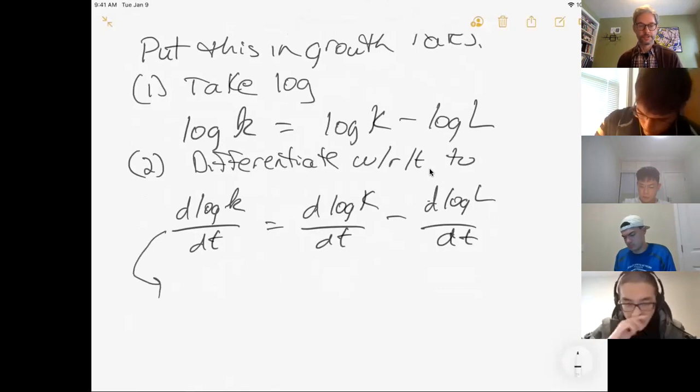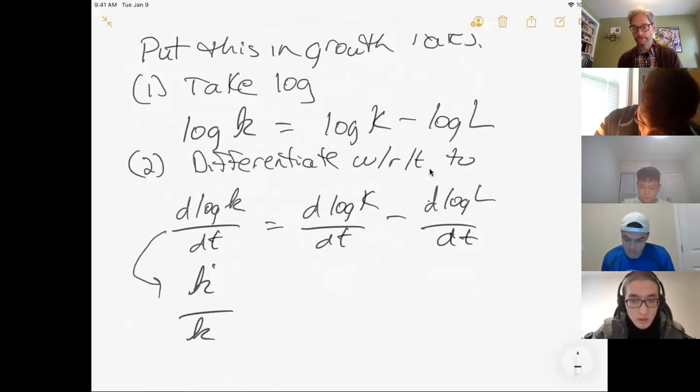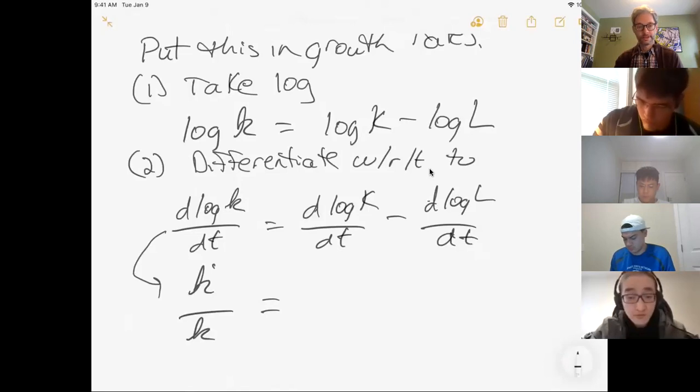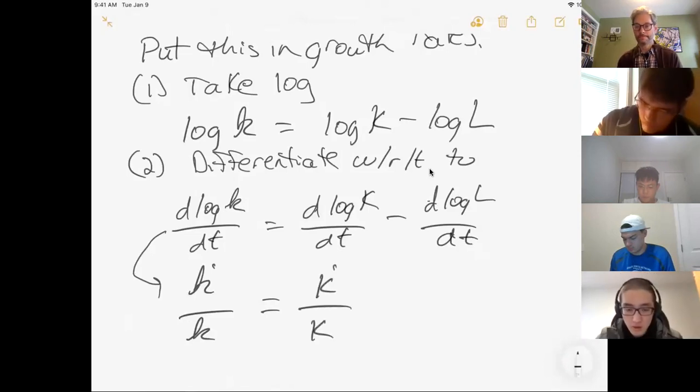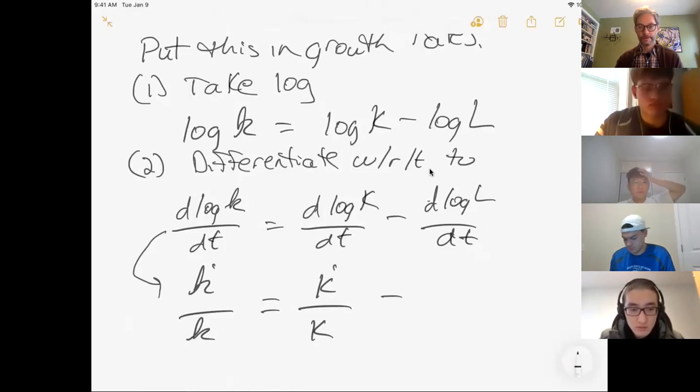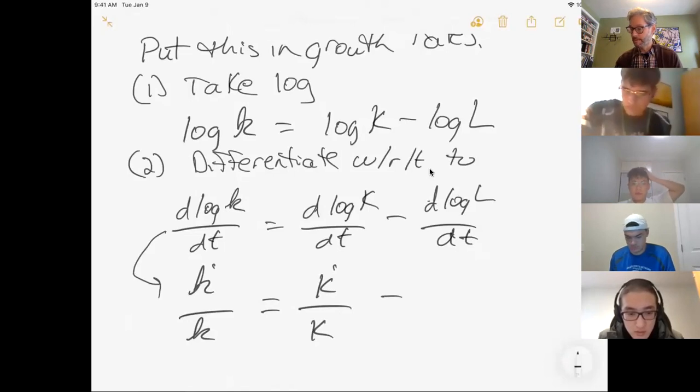What is this? What's the derivative of the log of k with respect to time? Little k dot over k, the growth rate of little k. What's the derivative of the log of capital K with respect to time? Capital K dot over K. And what's the derivative of the log of L with respect to time?